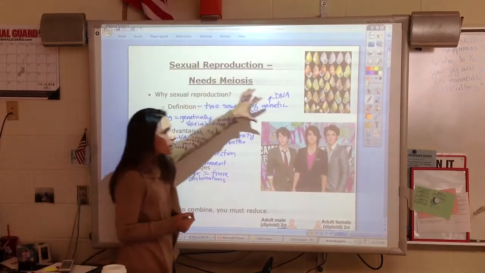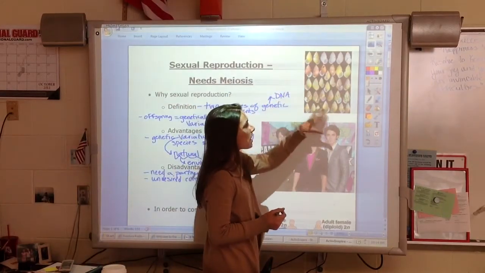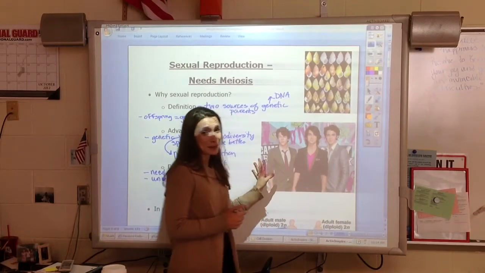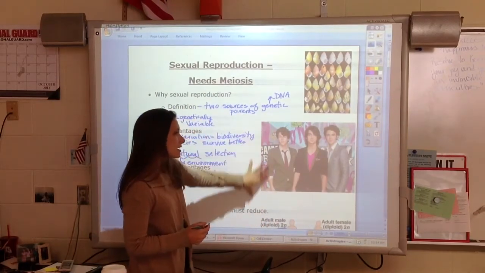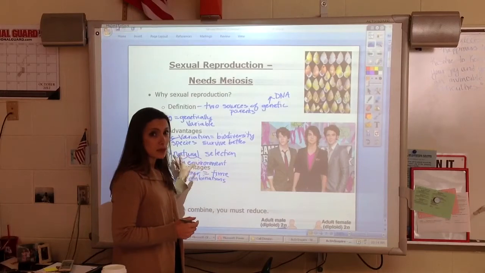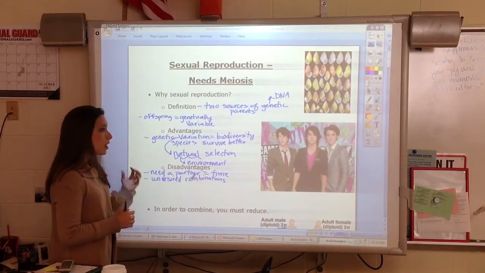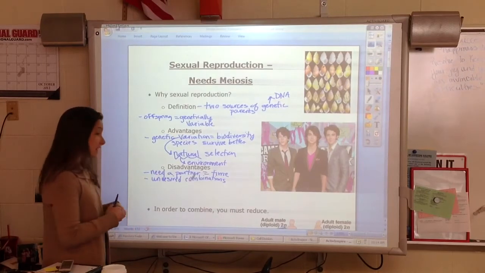So when we look here at a single species, we can see lots of variation in different traits. Here are your Jonas brothers, and the main idea is that we'll have some similarities, especially if they have the same two parents, but we are going to have variety.